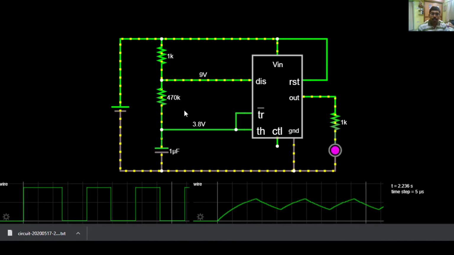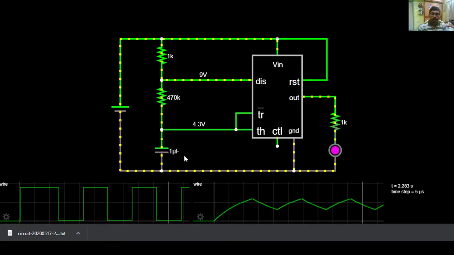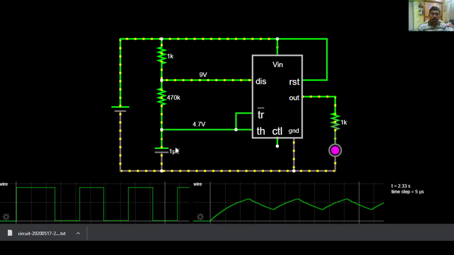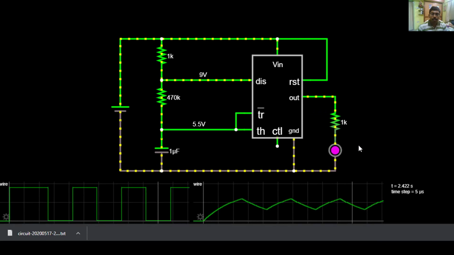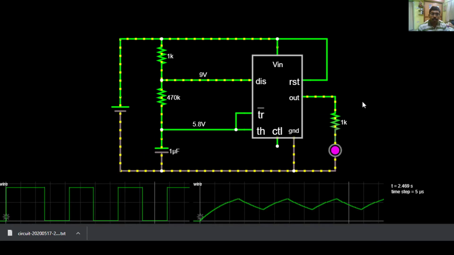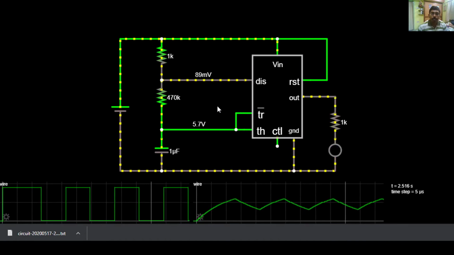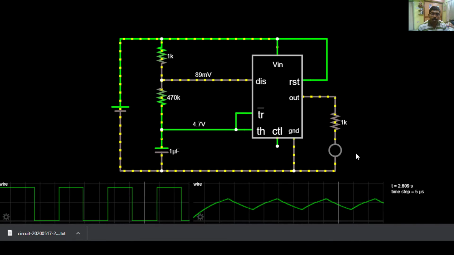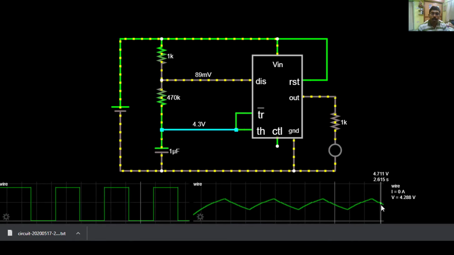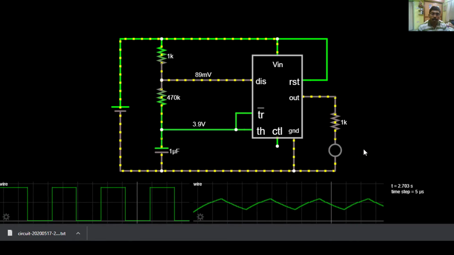After it gets discharged, now the capacitor starts to charge. During the charge cycle of the capacitor, the LED will light up. During the discharge cycle of the capacitor, the LED gets switched off. You can see the discharge waveform over here.